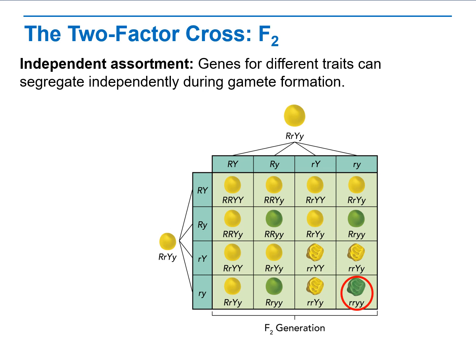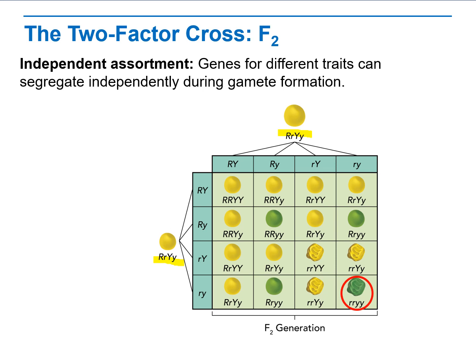What's the probability of a cross of these hybrid parents, the F1 generation, producing a fully homozygous recessive offspring for these two traits? It's 1/16.